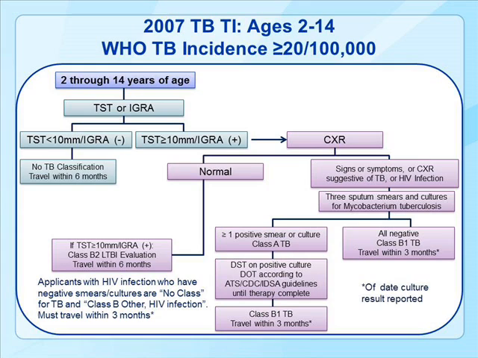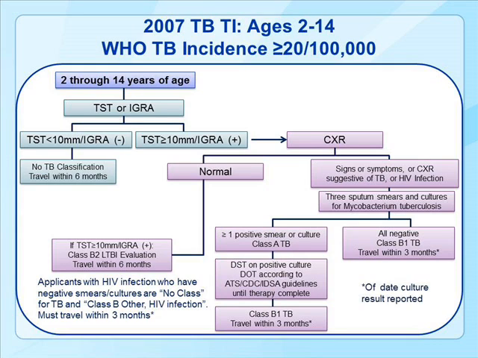If less than 10 millimeters, or if the IGRA is negative, that patient would have no TB classification and could travel within 6 months. If, on the other hand, the skin test was positive, greater than or equal to 10 millimeters, or the interferon gamma release assay was positive, the patient would then get a chest X-ray, which is a big difference from the previous 1991 technical instructions.